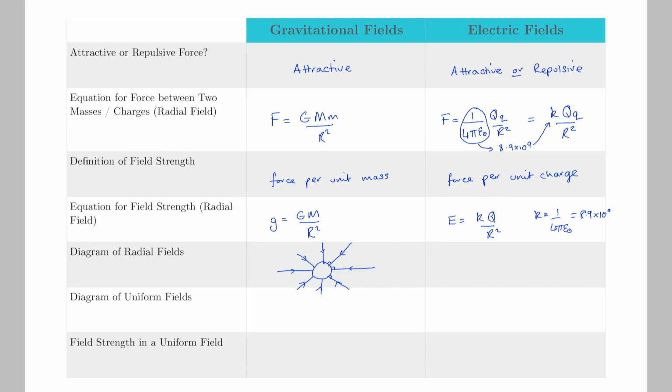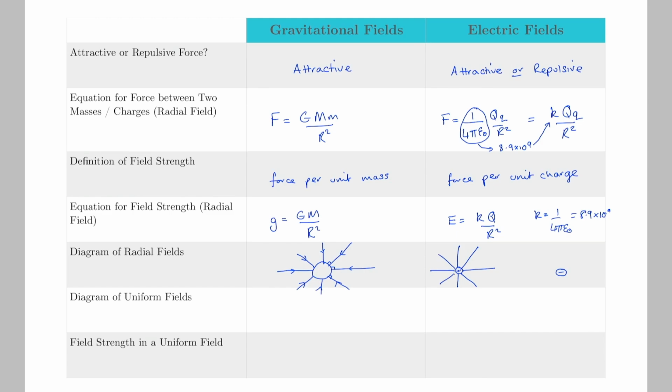For radial fields, for electric fields, we have two different types. We have a positive and a negative. Electric fields travel in the direction that a positive test charge would move. So this radial field looks the same in terms of the lines being in the same place.